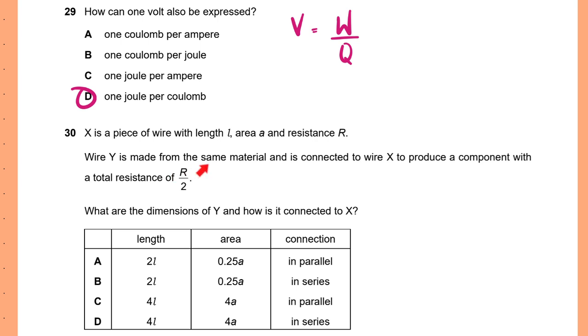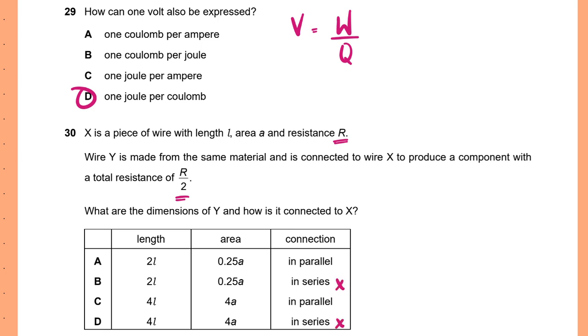So if it is connected to provide a total resistance of R by 2, first of all, I cannot connect another resistor in series to this, because that would just add resistance and there's no way it would go down to R by 2. So it has to be in parallel.